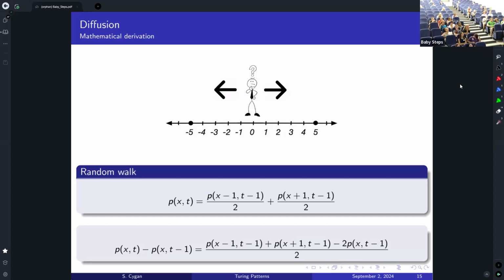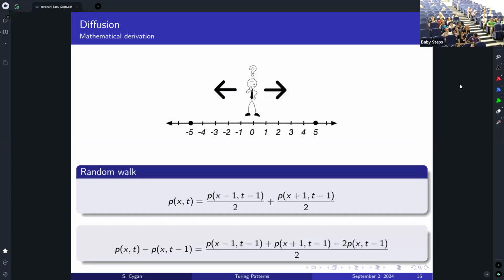If he is back at the point 0, it means that one second before, he was either at the point 1 and made a step to the left, or he was at the point -1 and made a step to the right.